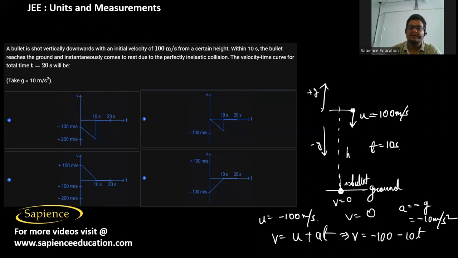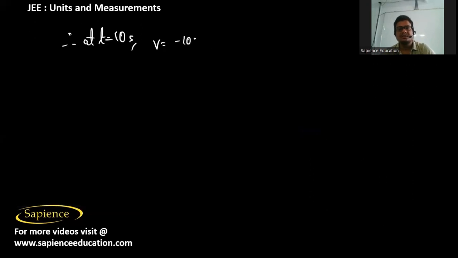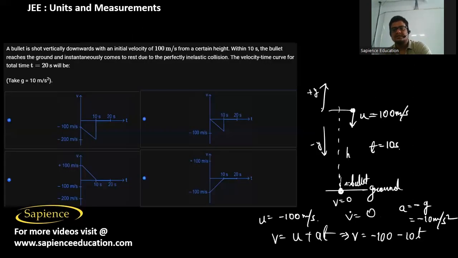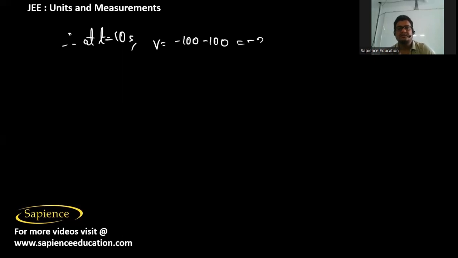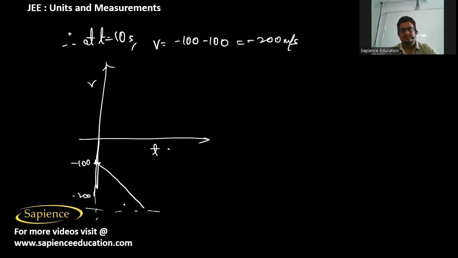So therefore at t equals 10 seconds, the velocity with which it hits the ground will be minus 100 minus 10 into 10. So this is minus 200 meter per second. So therefore the graph of velocity versus time will be, at t equal to 0, this is minus 100 and this will be minus 200.